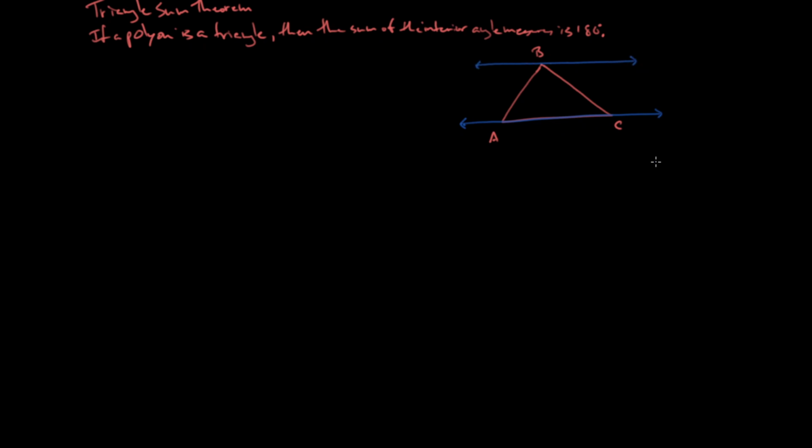Okay, so I'm constructing a new line here. I'm going to call this line P and line Q, and I'm constructing them such that they're parallel to each other. And so now I have something to work with here, because now I can start talking about angles that are congruent and be well on my way. So I'm going to put some labels down here.